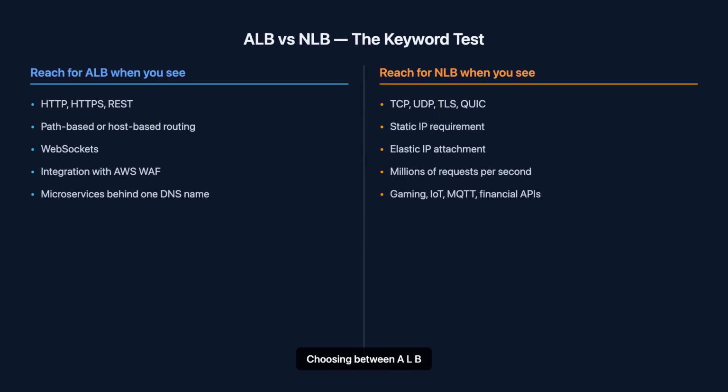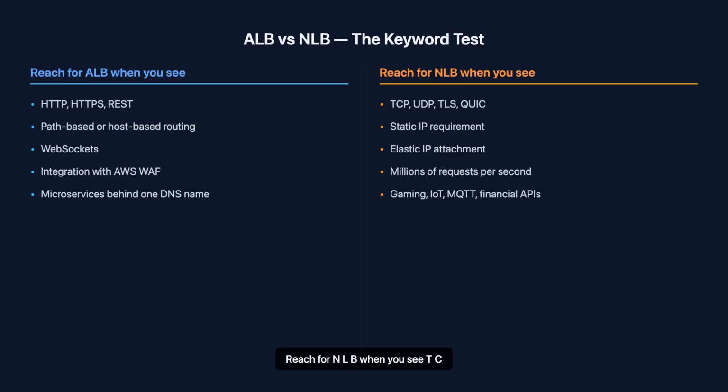Choosing between ALB and NLB is one of the most common scenario decisions you'll face. Reach for ALB when the question mentions HTTP, HTTPS, REST, path or host routing, WebSockets, integration with WAF, or microservices behind one DNS name.